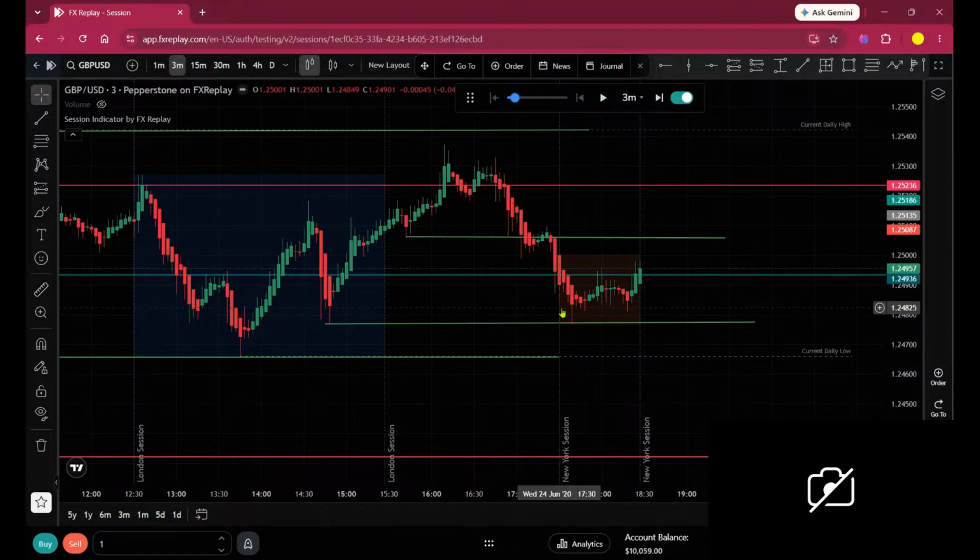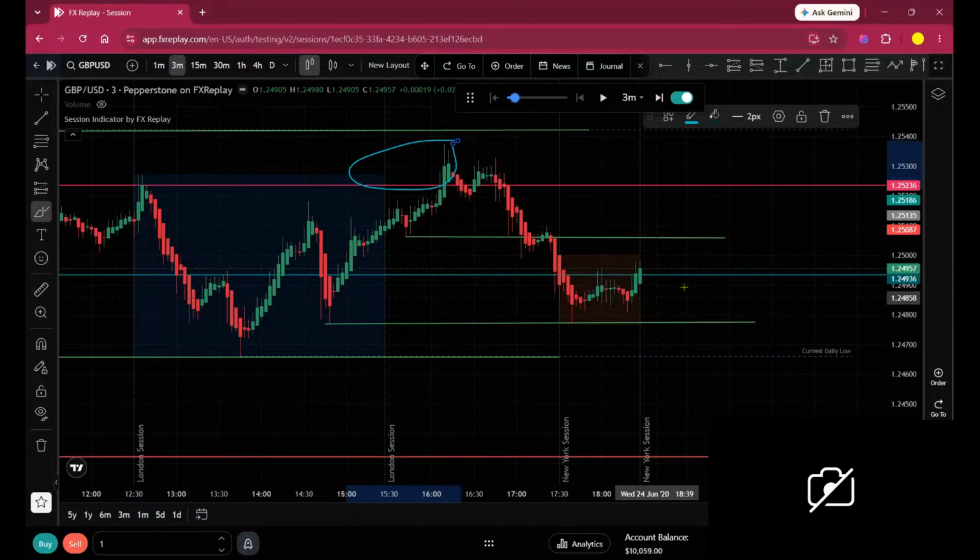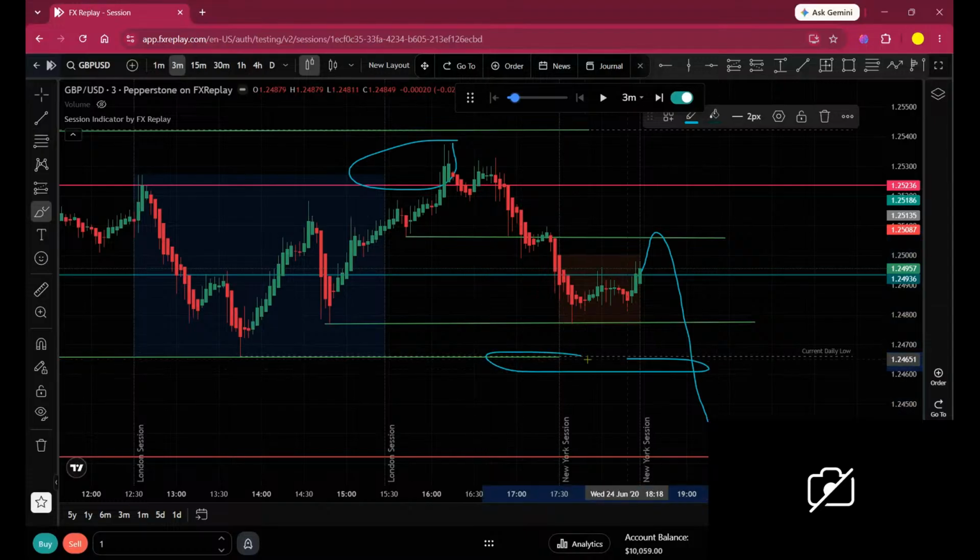New York has opened here. It is trying to support from this. My understanding here is market has already swept the London high and market is here, and it is a higher chance that market can crash and then sweep this liquidity.